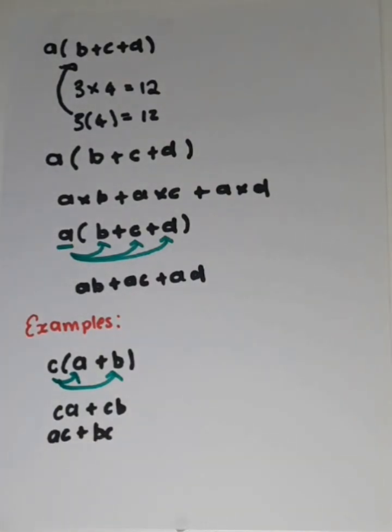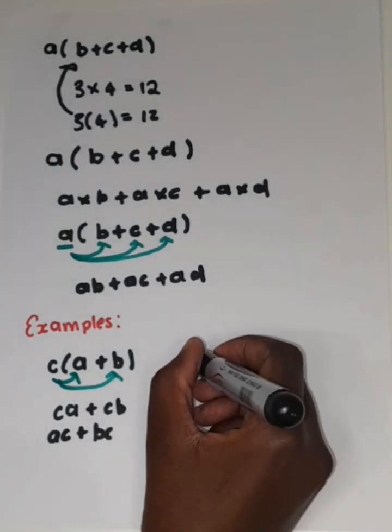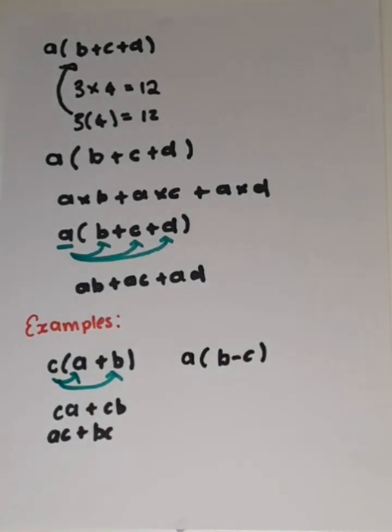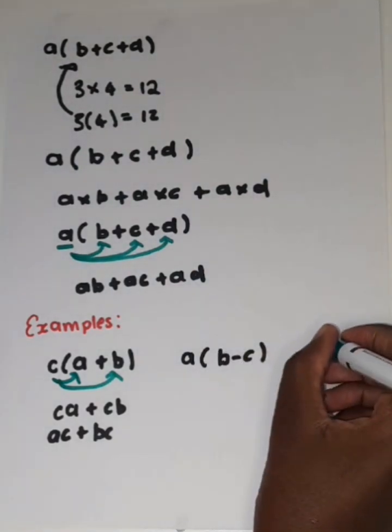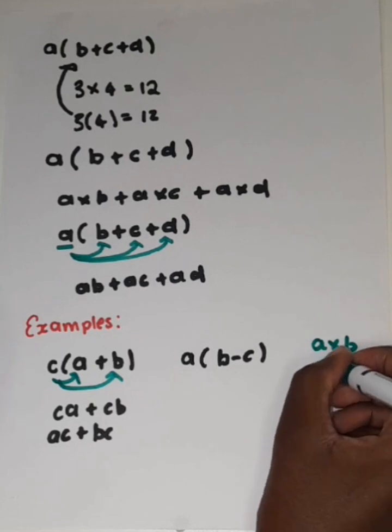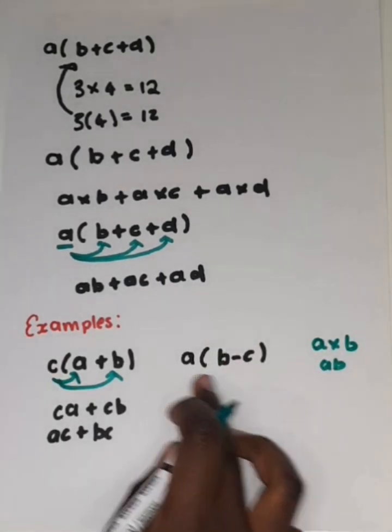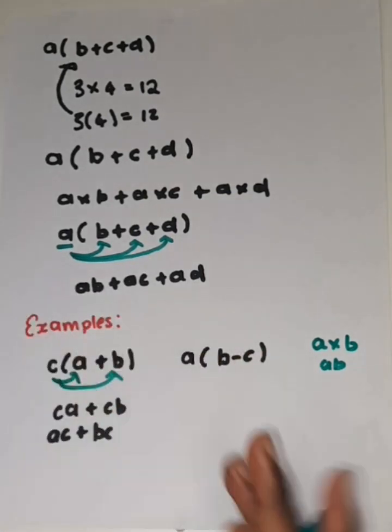But since I said that it's not always going to be positive, you can sometimes get something like A into B minus C. This thing is not complicated, guys. You just do what I was telling you. You're just multiplying it with the sign. So it's the same as A times B, which is AB, and A times negative C. If you have a positive multiplying with a negative, it would be a negative, right?